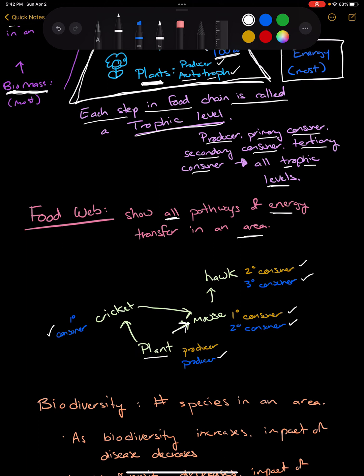So when we start looking at food webs, you can be in more than one trophic level, but only one at a time, right? So if my mouse was eating the plant, he also cannot be eating the cricket at the same time. So he can only do one job at a time.